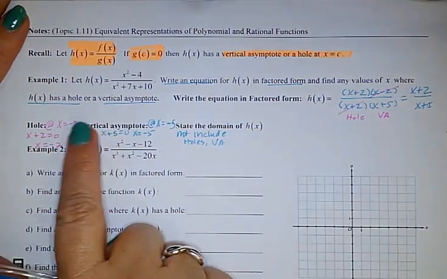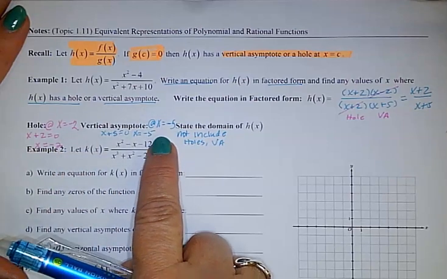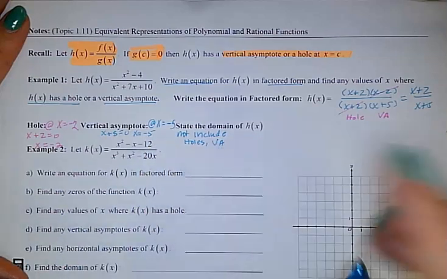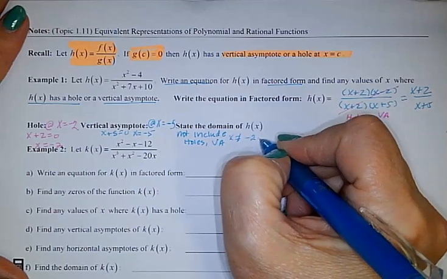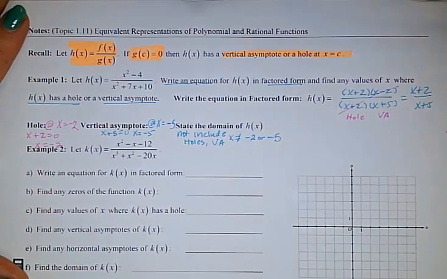So our hole value is right here at x equals 2. Our vertical asymptote is happening here at negative 5. So that means we can't include the 2 or the negative 5. So we have to exclude them. So when we exclude them, that means we're going to have a union symbol in our interval notation that would represent that.